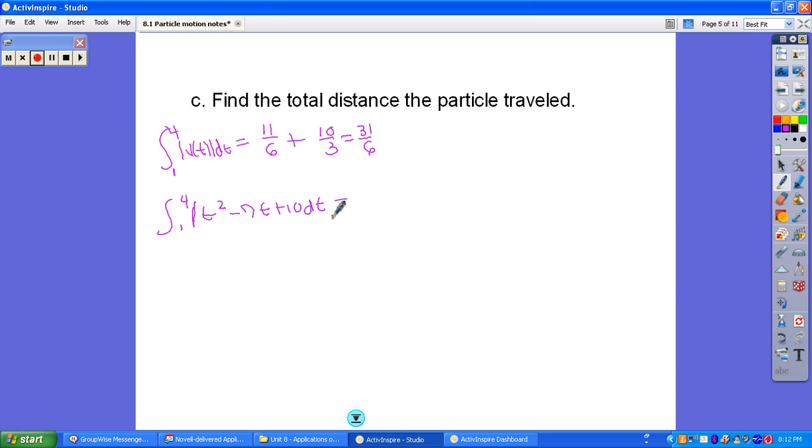So it would have to be the absolute value. If it's not, then you would be finding displacement. But we want the total distance traveled. Which gives us, if you put it in your calculator, 5.166 repeating, which is the same thing as 31/6.